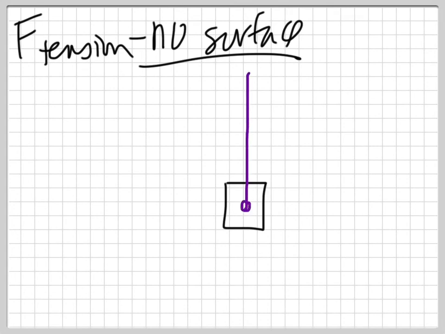So if we have an object that is suspended on a cable, there's no surface to exert a force back upward on it. So now we're in a situation where we have force of gravity, but we can't have normal force, yet this thing isn't sinking and it's not rising. So in place of normal force, our opposing force is what we call force of tension.